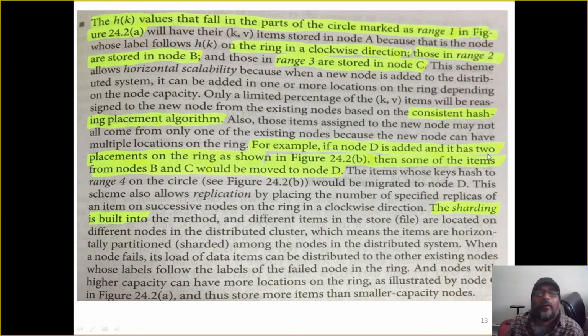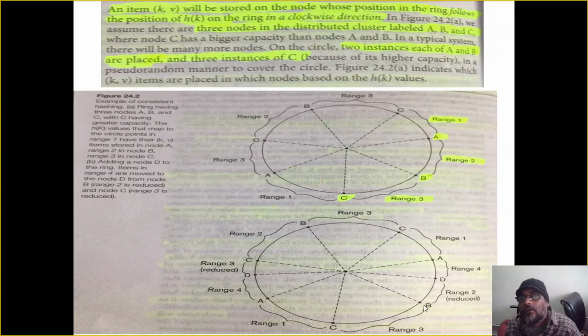D is added and it has two placements on the ring as shown, then some of the items from nodes B and C would be moved to D. From B and C, it is saying. So D is here and D is here. So it is saying some data from B will be moved here.